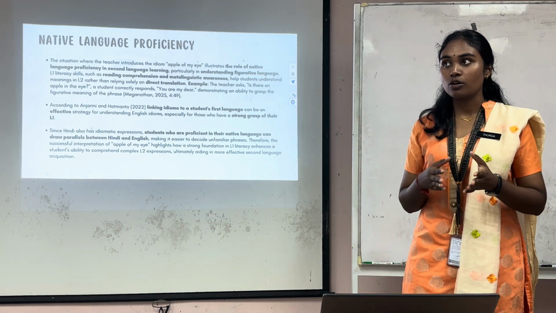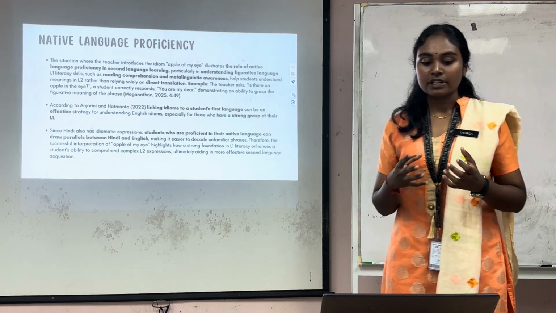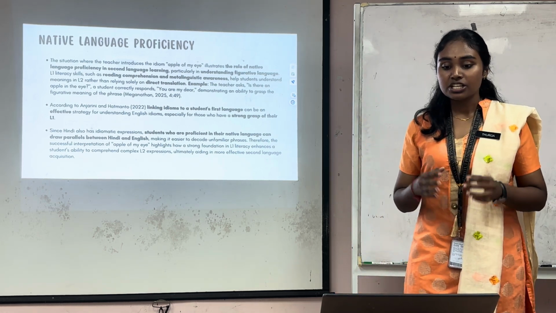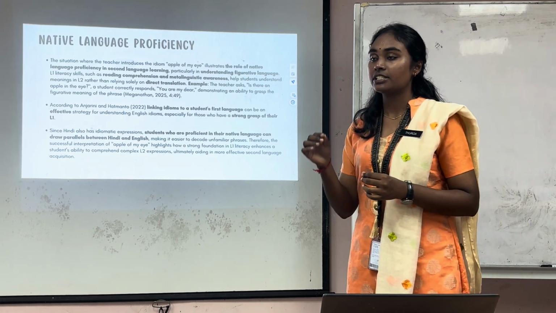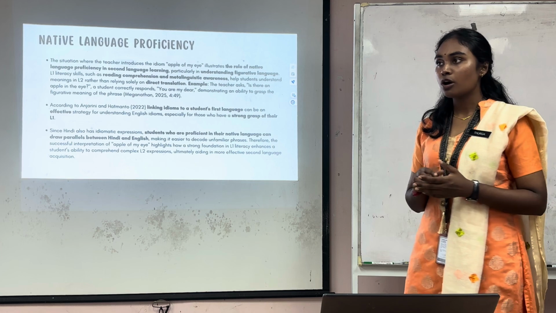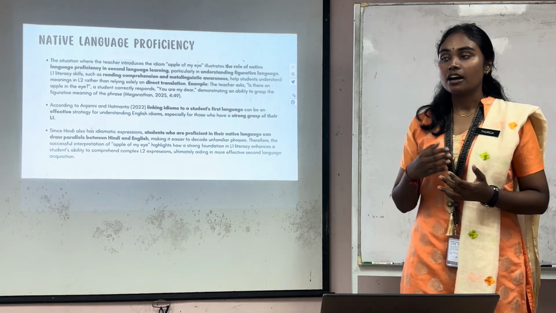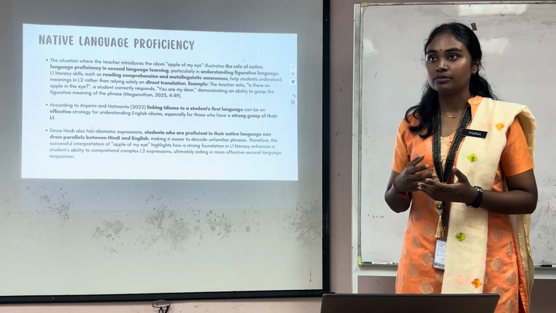Since Hindi also has loads of idiomatic expressions, students who are proficient in their native language can draw parallels between Hindi and English.